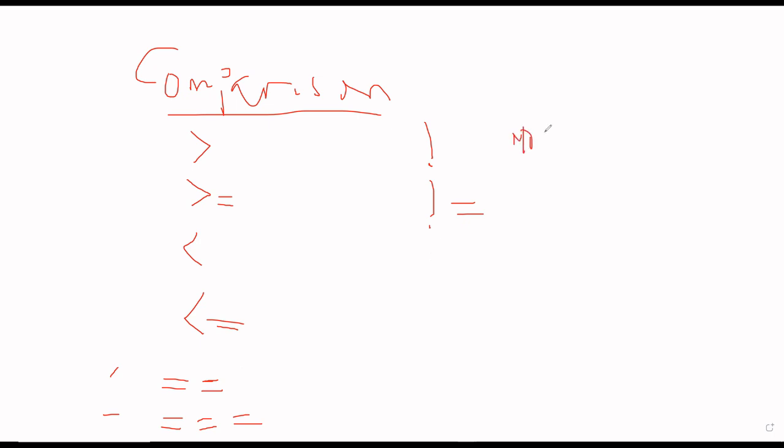This is not, N-O-T, not. So this is the not of this operator, and for this one, I have the double equal sign there. So one of these is replaced by the not operator.